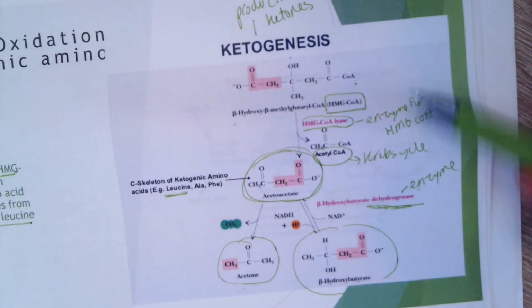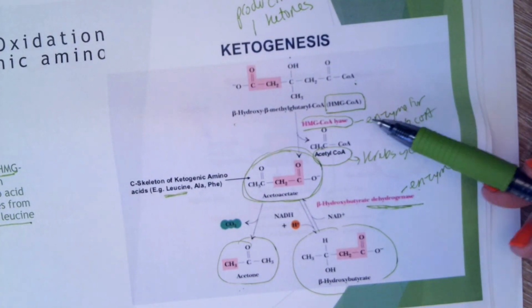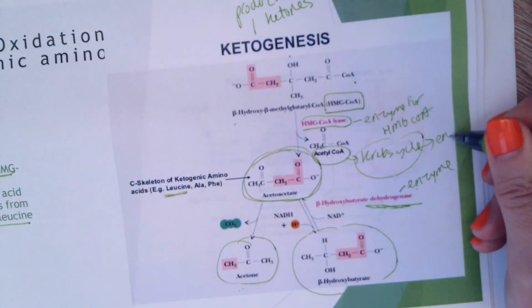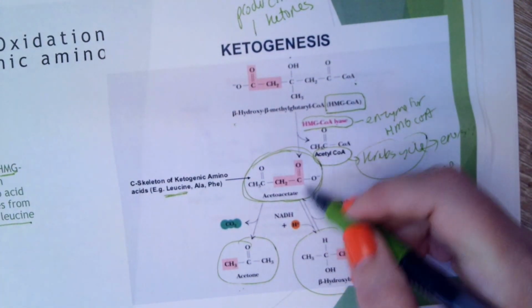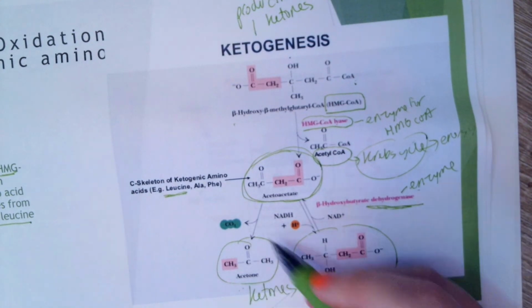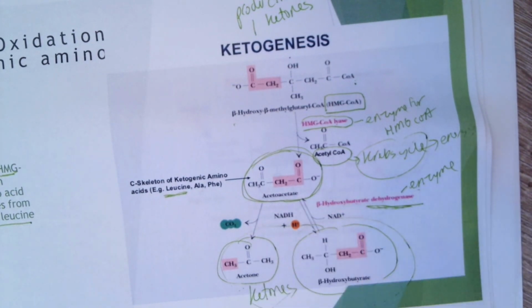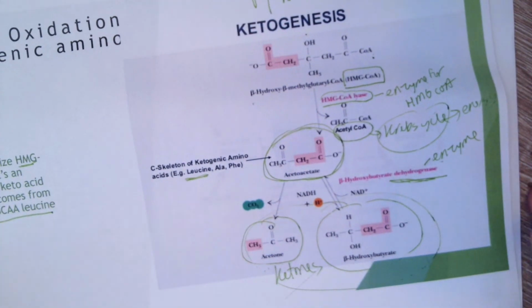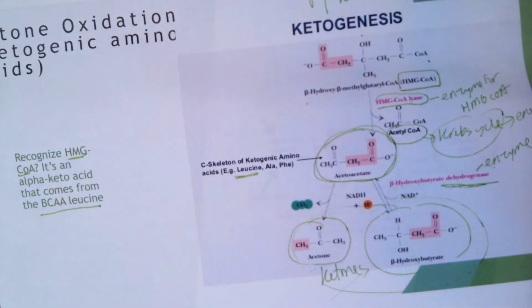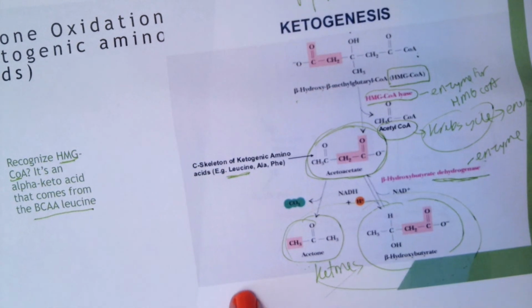Not really difficult steps, just two enzymes. We're able to get energy out of here and the keto bodies. So that is how we made our ketones out of our ketogenic amino acid.